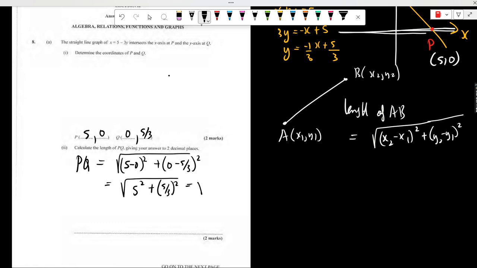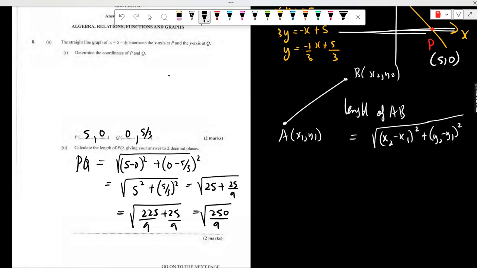You work that out: root of 25 plus 25 over 9. So what does that give us? 25 is 225 over 9, plus 25 over 9, which is the root of 250 over 9.